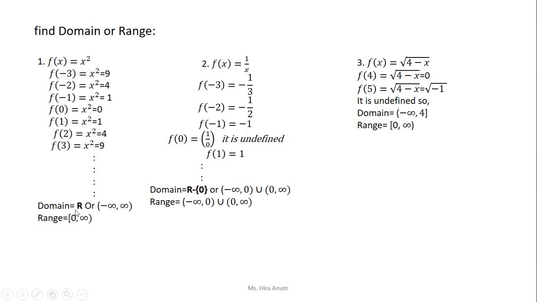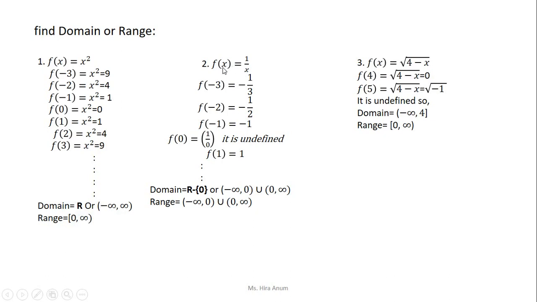So our domain is the real numbers, -infinity to +infinity in open interval. Our range is from 0 to +infinity, not negative. We cannot have negative numbers here; we have all non-negative numbers. So our domain is -infinity to infinity, and the range is the closed interval from 0 to infinity, open on the infinity side.